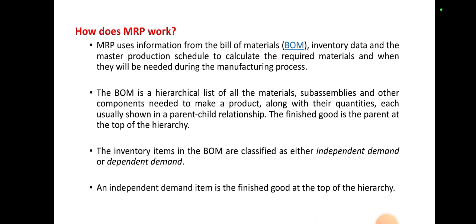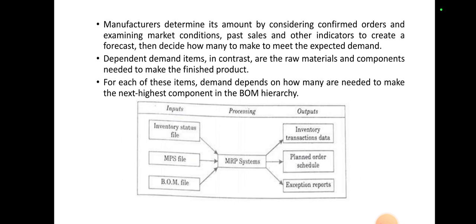The inventory items in the bill of materials are classified as either independent demand or dependent demand. An independent demand item is a finished good at the top of the hierarchy. Manufacturers determine its amount by considering confirmed orders and examining market conditions, past sales, and other indicators to create a forecast.